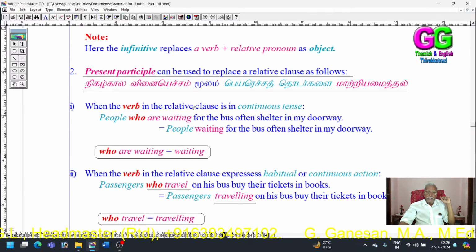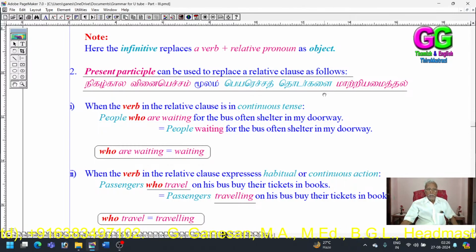When the verb in the relative clause is in a continuous tense, that relative clause can be reduced to a simple sentence using a participle. That is, that relative clause can be replaced by a participle, when the tense in the relative clause is a continuous one.